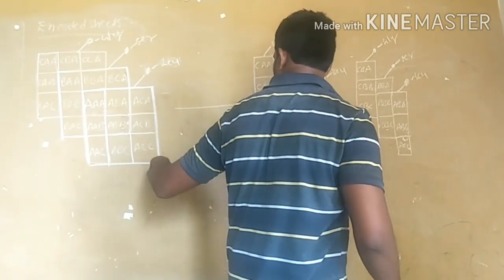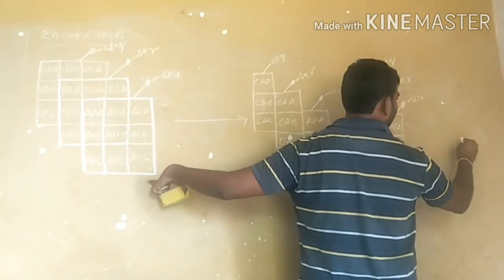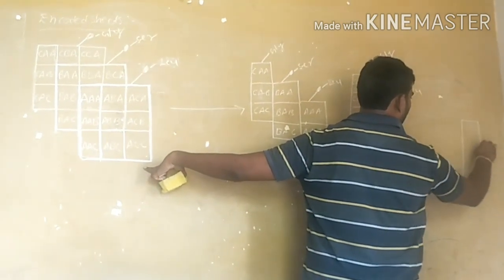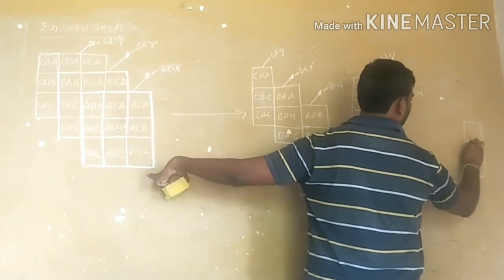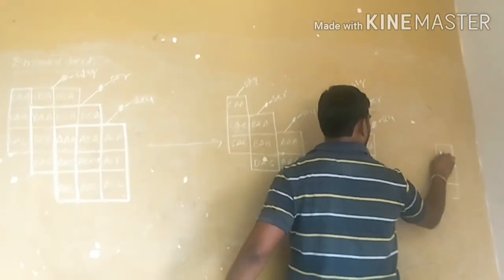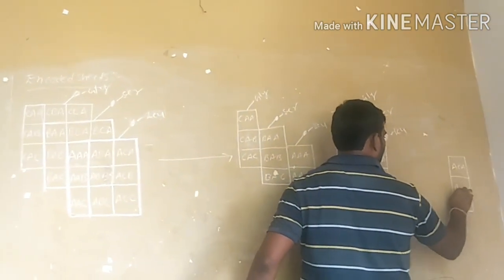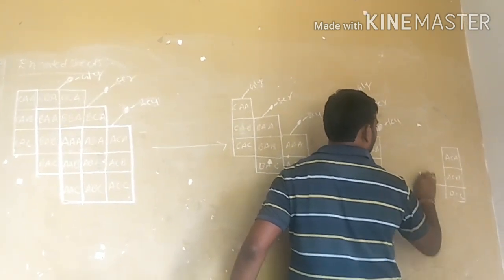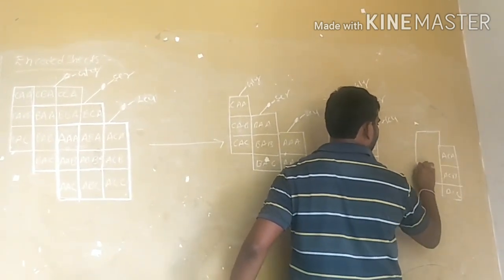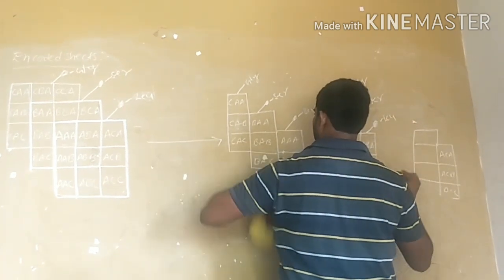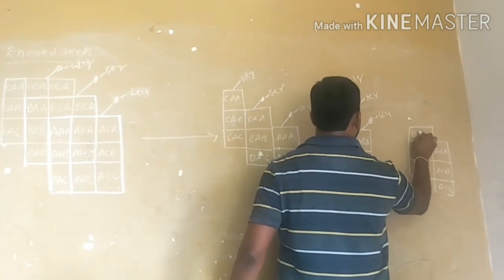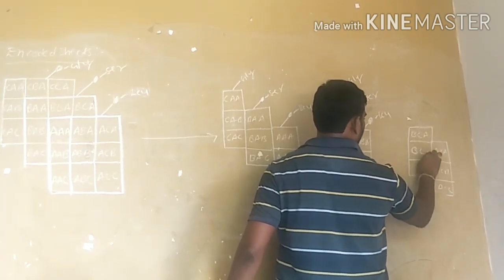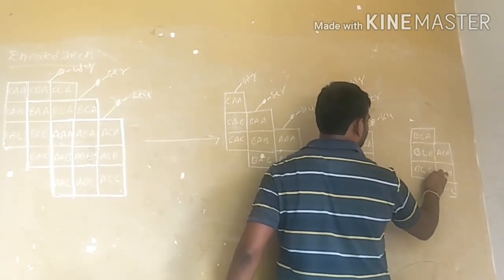Next, third column of top sheet: ACA, ACB, ACC. Next, third column of middle sheet: BCA, BCB, BCC.